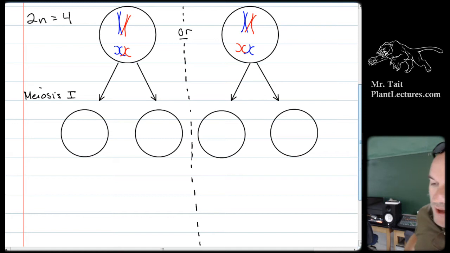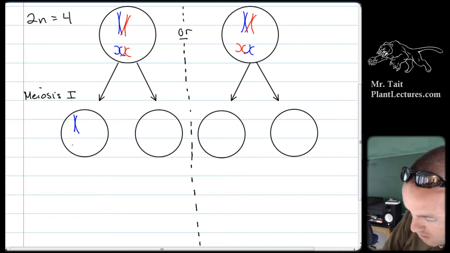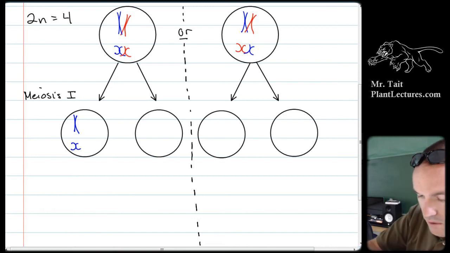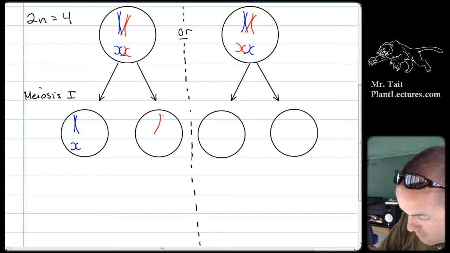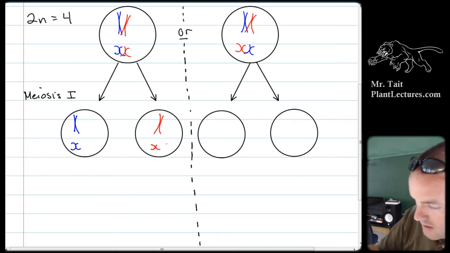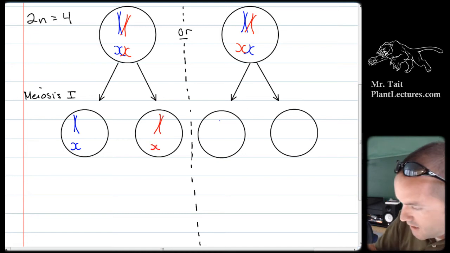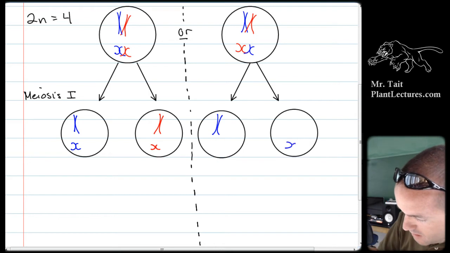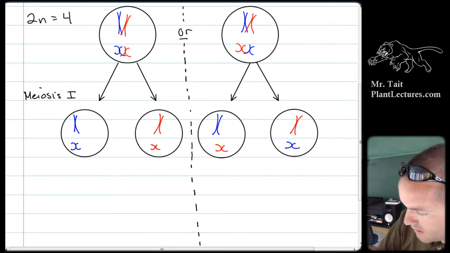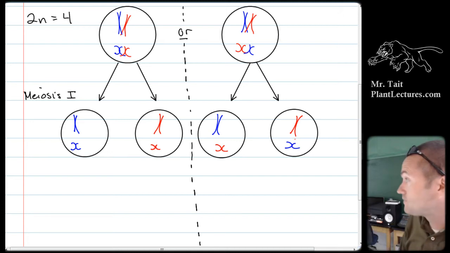Okay, so like I said, tetrads are going to be separated here, so we're going to end up with this side, the long blue and the short blue, and this side has the long red and the short red, and this one's going to be mixed. So the left one has the long blue and the short red, and the right one has the long red and the short blue.